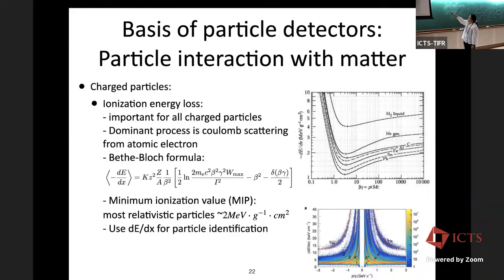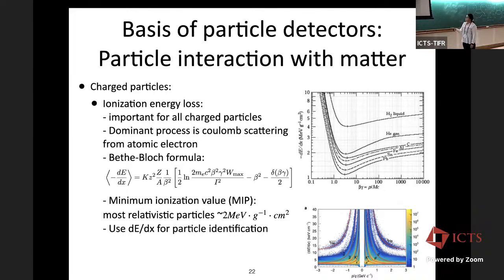But over here, you can see there's a sort of minimum for different materials. This is called the minimum ionizing value, or minimum ionizing particle, MIP. And they are normally around 2 GeV or so for most of the relativistic particles. And after this, for larger momentum, it's just slowly rising because of this logarithmic term.